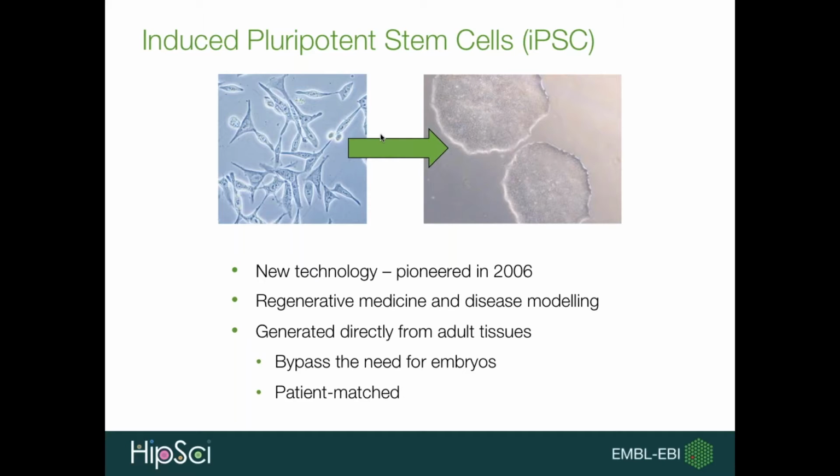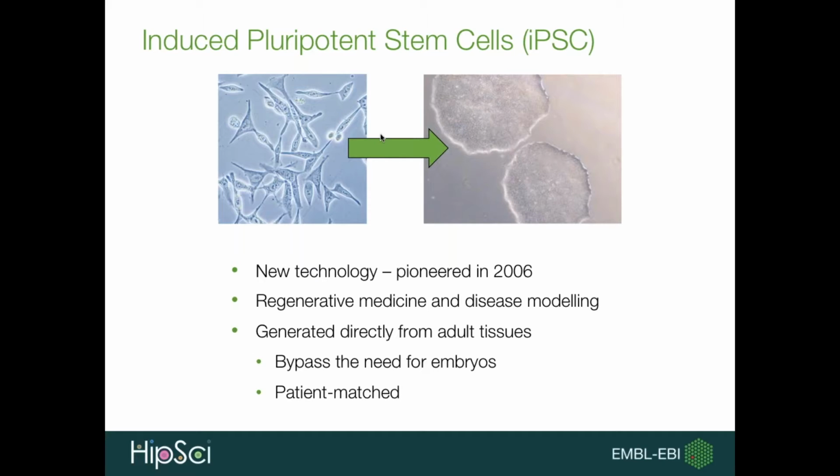Because the iPS cell lines are generated directly from adult tissues, there are big advantages to this. It bypasses the need to use embryos, which would be the other way of getting hold of pluripotent stem cells. Of course, there are big ethical and legal reasons why you might not want to use embryos.